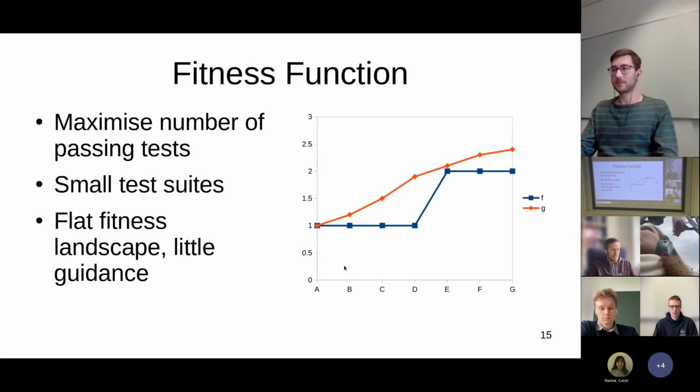I tried to illustrate this with a picture on the right-hand side. So this is a graph. F is a flat fitness function or flat fitness landscape, and G would be a good fitness landscape. And the flat fitness landscape means that we have lots and lots of plateaus.